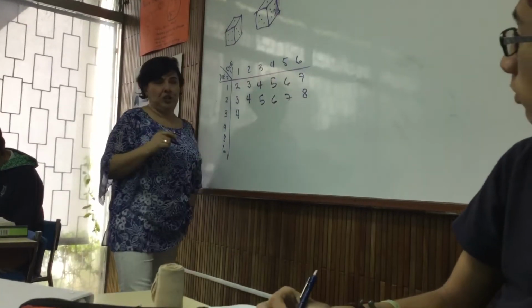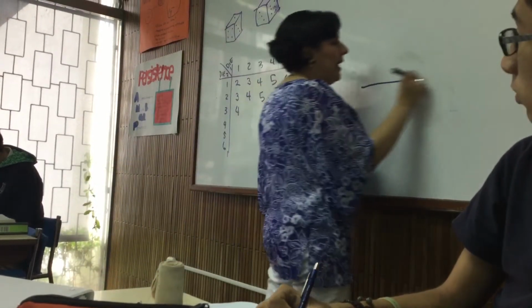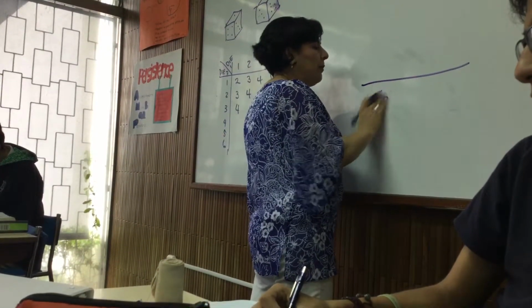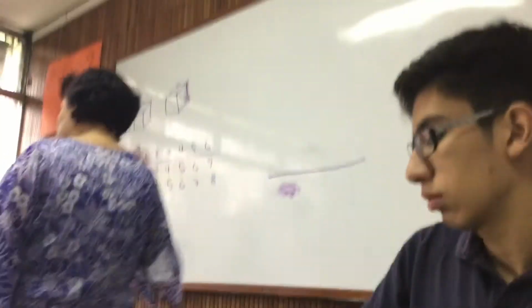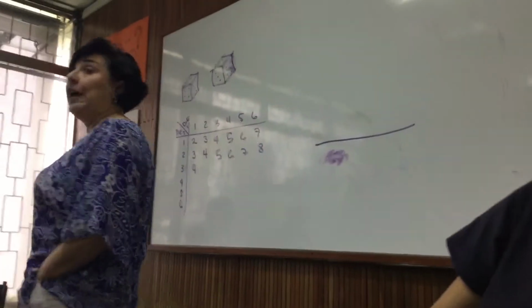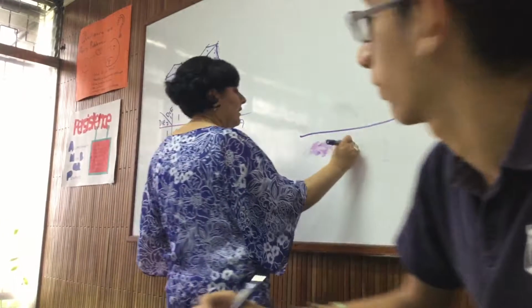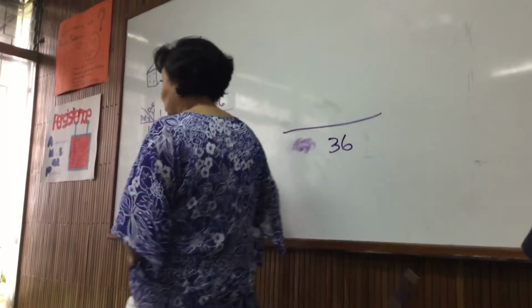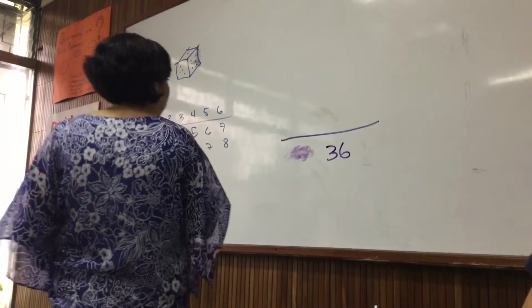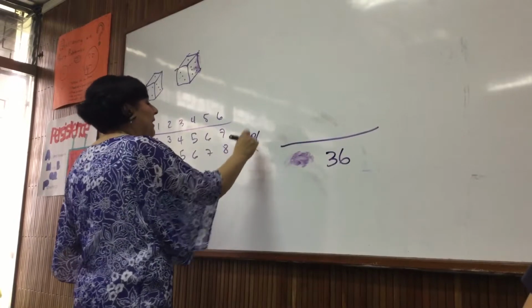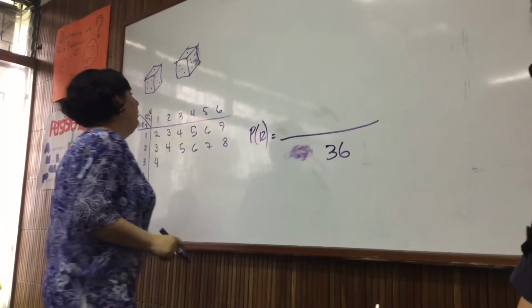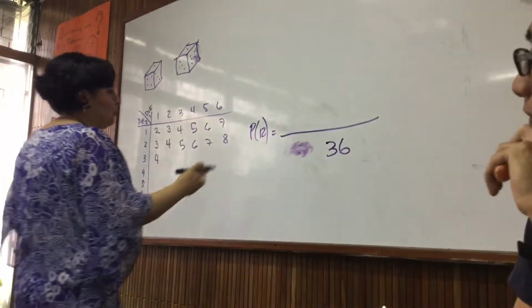So, question. What is the total number of possible outcomes between 2 dice? 36, because I have 36 possible combinations, correct? So what is the probability that I'm going to get a 12, for example? 1 over 36. I chose the wrong number.